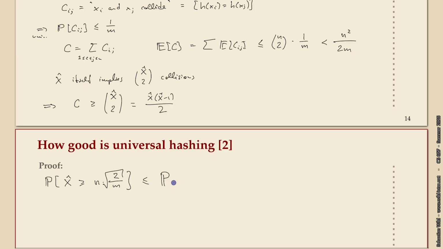If I want to upper bound the probability, I have to make this more likely. So I'm replacing the x hat with this.